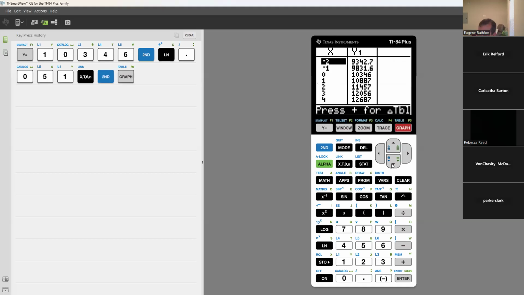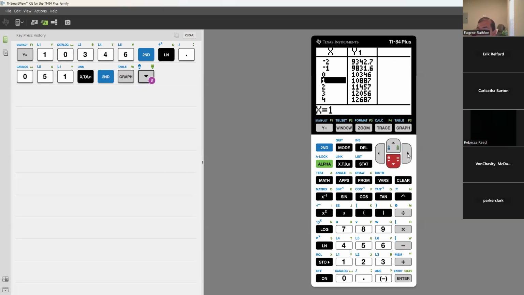All right, so my first t or x is 1. Now, y'all look at this. When I highlight the 1, the y value is 10,887. But that's not in decimal form, and it's not rounded. So what I need to do, watch this.